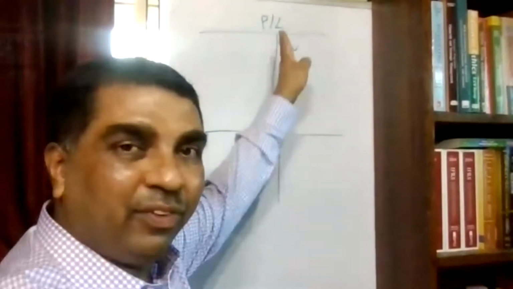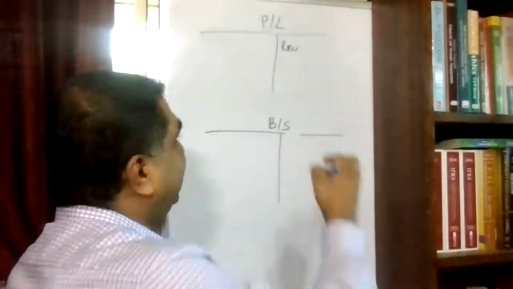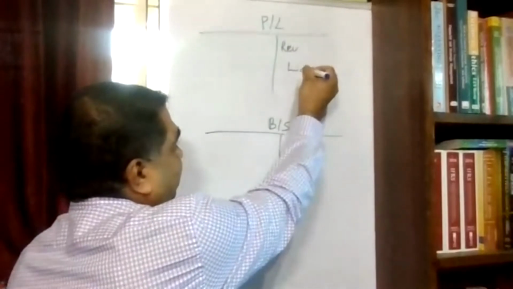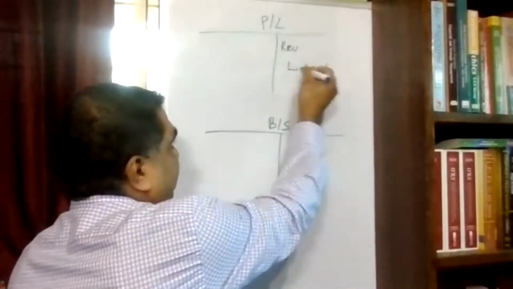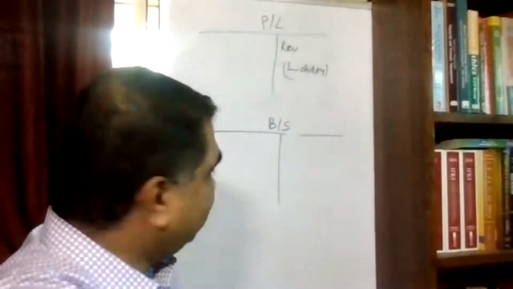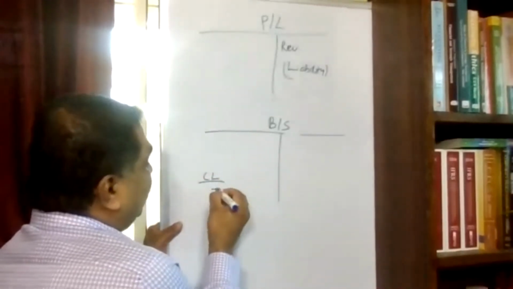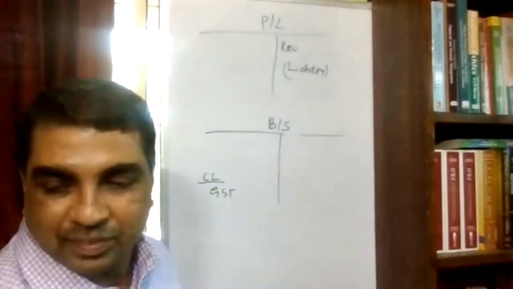Whenever you recognize revenue or generate an invoice, immediately you create a liability. This liability is for payment of GST, and it appears in the balance sheet as a current liability, your GST liability.